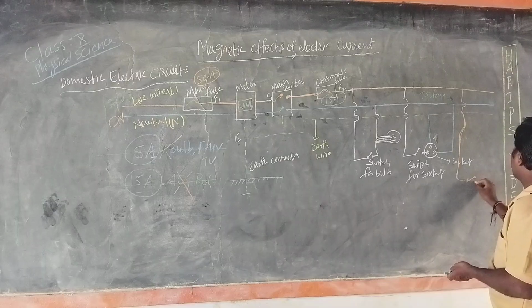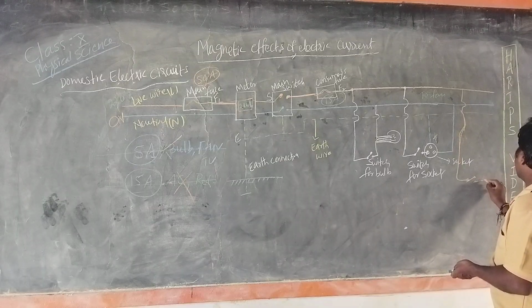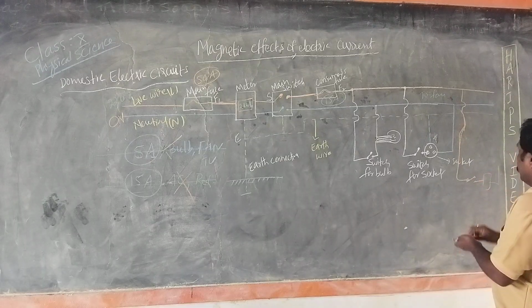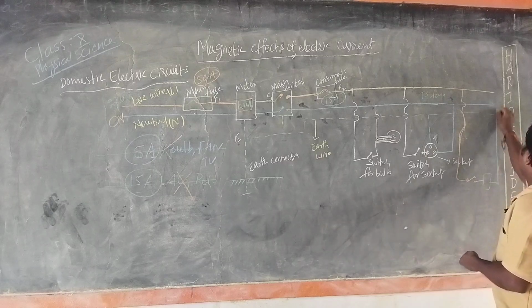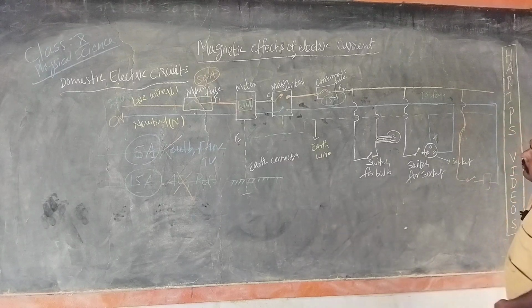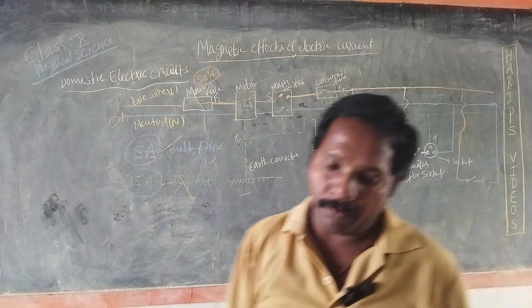The fan switch is here, and here is the fan. Then one more connection from the main supply line, from the neutral wire.